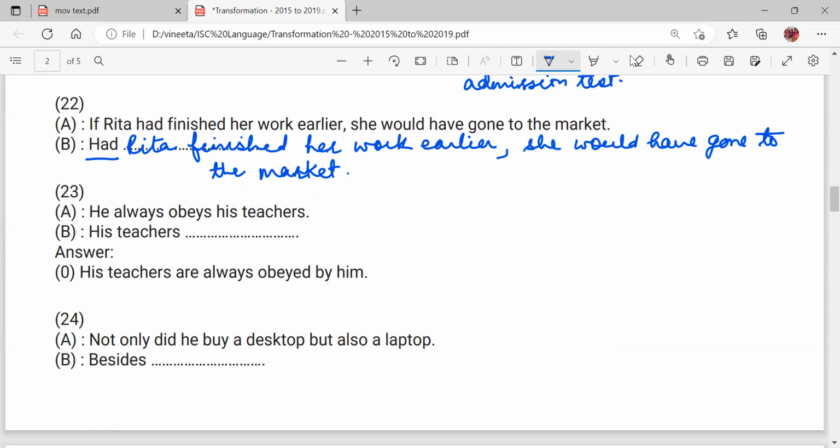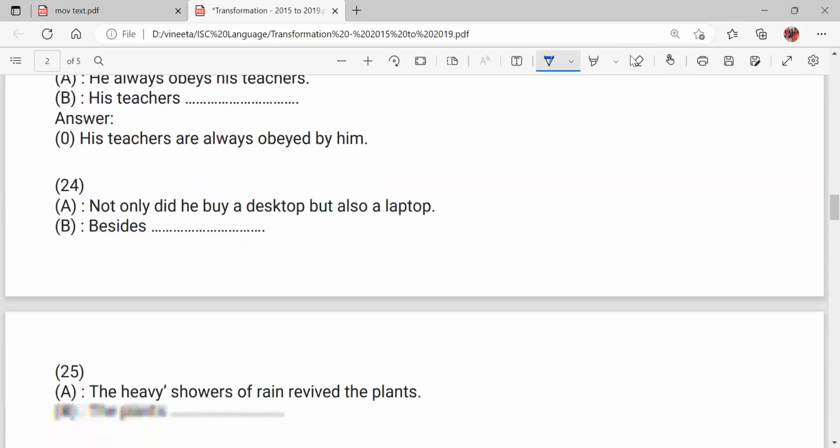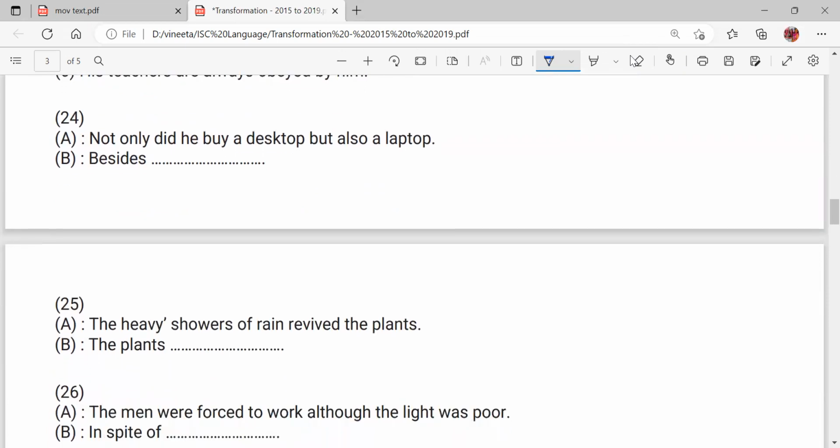Clear? Next, he always obeys his teachers. Now, as you can see, the answer is already given. His teachers are always obeyed by him. Now, this must have come as an example, actually. I've included examples also here. So, his teachers are always obeyed by him. Active changed into passive. Next, not only did he buy a desktop, but also a laptop.